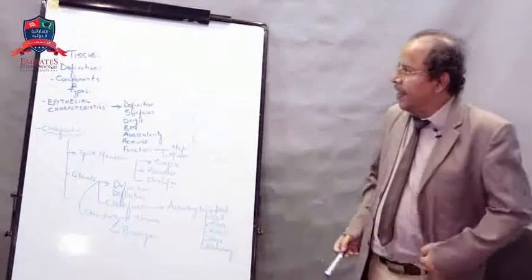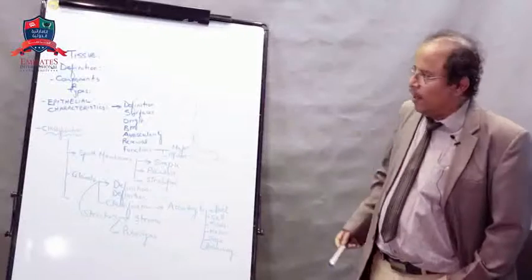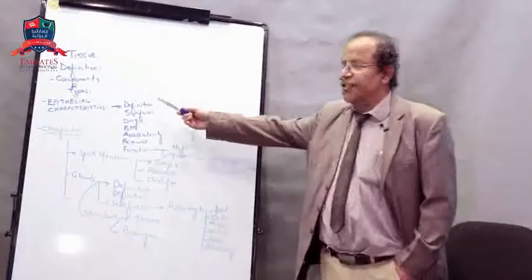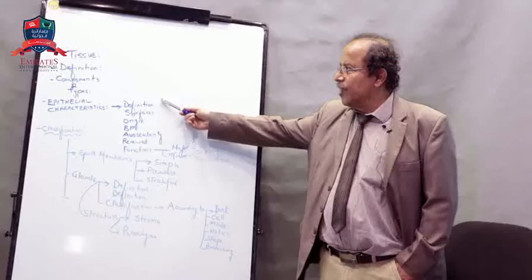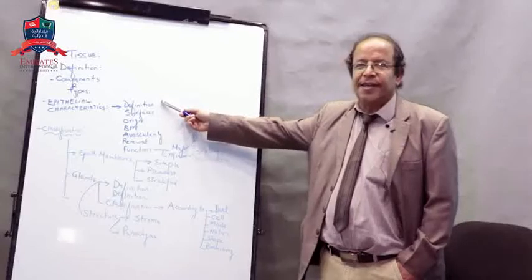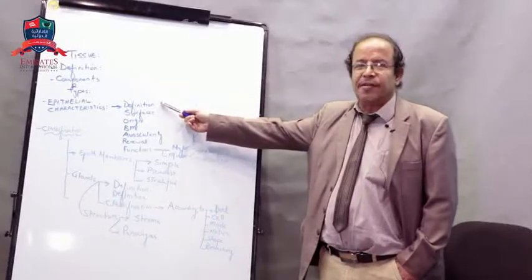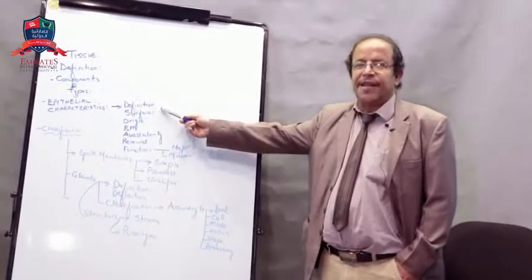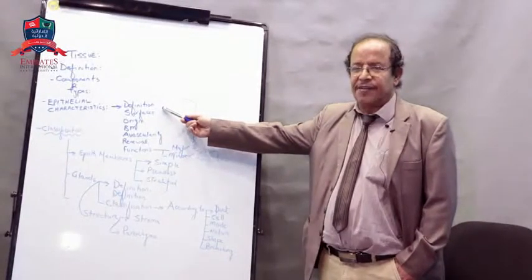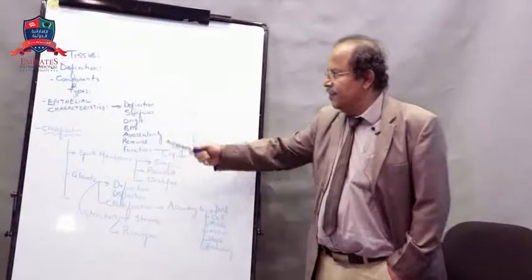Therefore, regarding the characteristics of the epithelium, the first thing we said was the definition: closely opposed cells with little or no intercellular substances between them. We said that they have three surfaces: apical surfaces, lateral surfaces, and the basal surface.